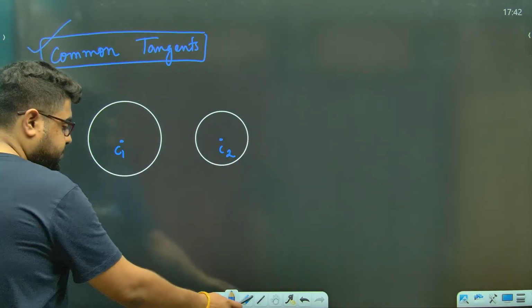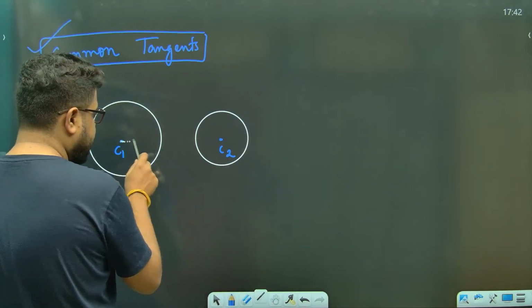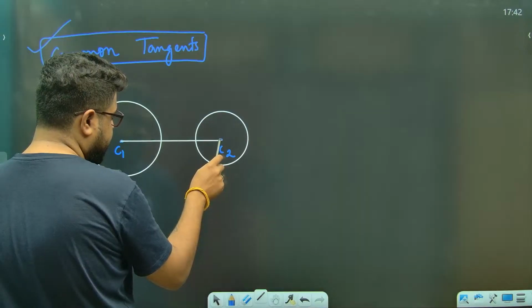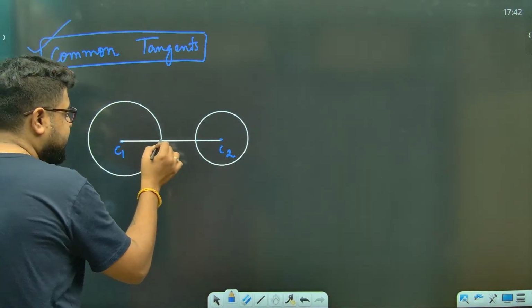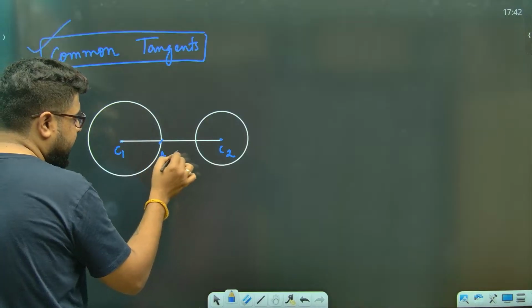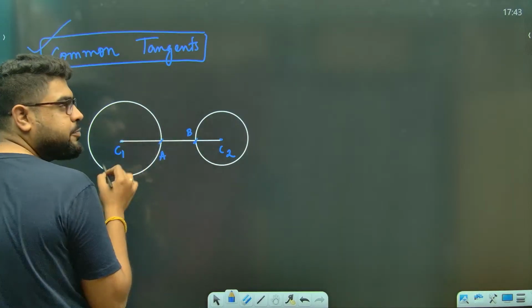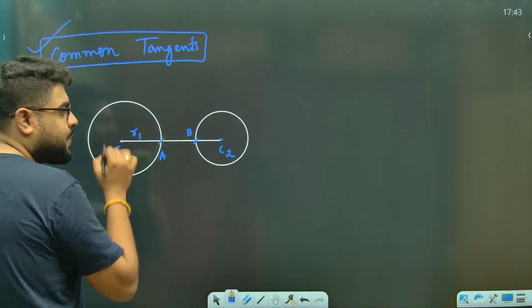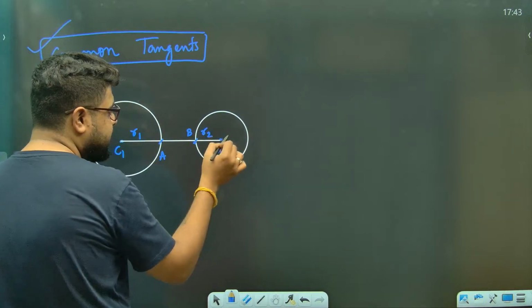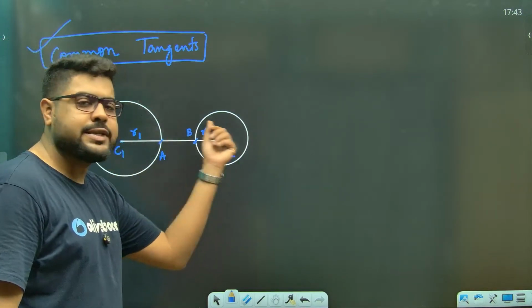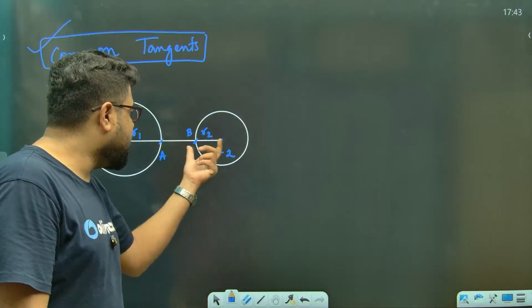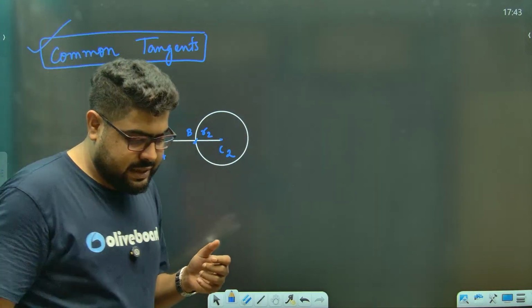And sir, if I draw this particular line joining the two centers, please understand, if I say this is point A and this is point B, sir, can I say this is radius 1 and this is radius 2? Meaning AC1 is radius 1, BC2 is radius 2, the radius of the smaller circle and the bigger circle, sir. Correct?